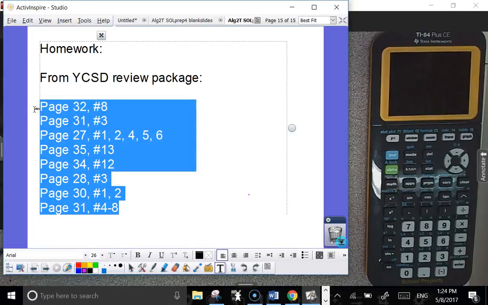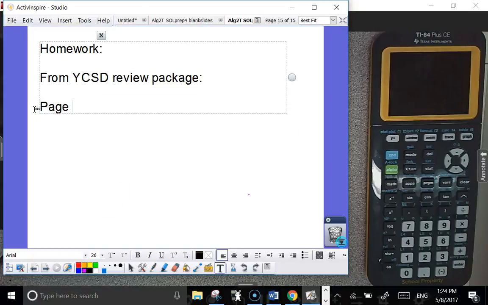I've already typed it in here. Okay, so it should be page 7, number 8, and page 21, number 5. They really came from what we did last class or earlier, but I somehow didn't assign these two. And then the rest come from this 27.